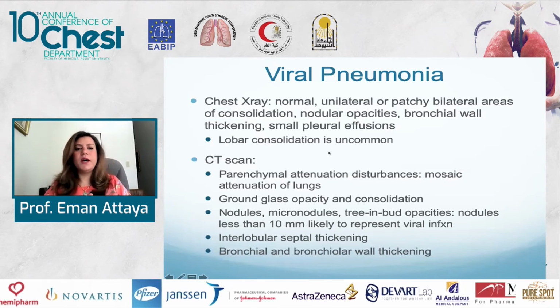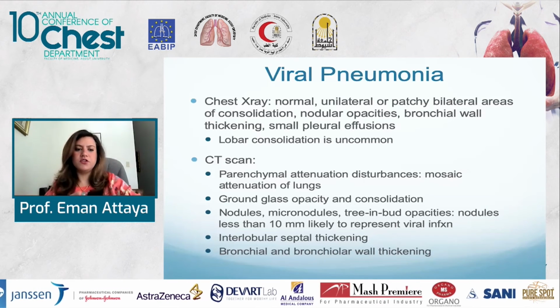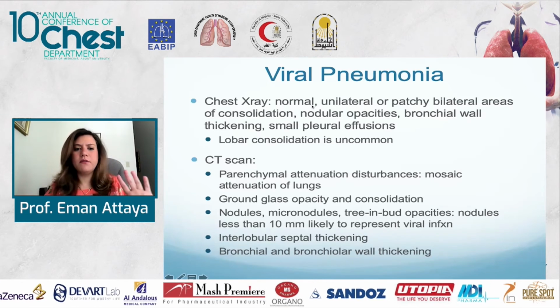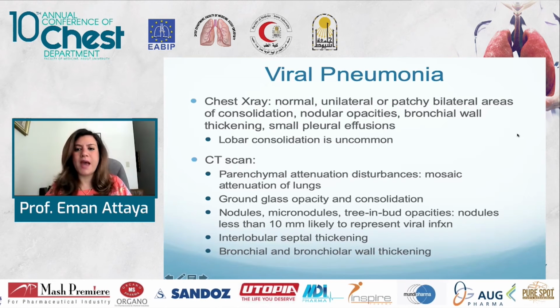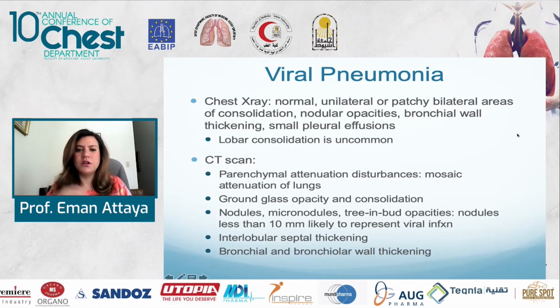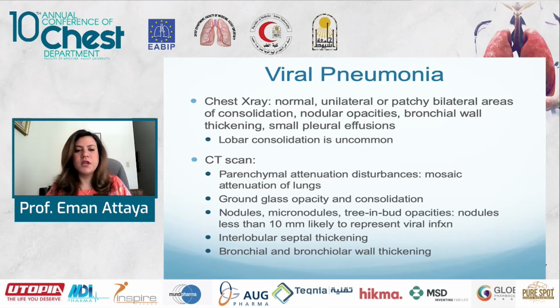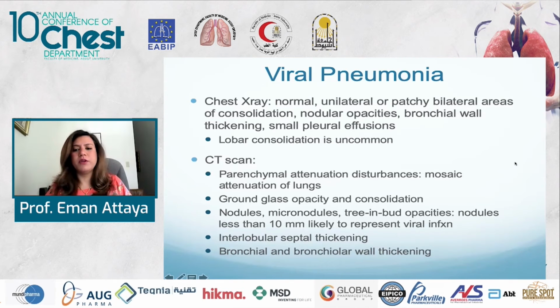Viral pneumonia looks different than bacterial pneumonia in certain ways, and we'll talk about that here. On chest X-ray, the viral pneumonia can be normal, or you can see unilateral or patchy bilateral areas of consolidation, nodular opacities, bronchial wall thickening, and pleural effusions. Remember, lobar consolidation is uncommon with a viral pneumonia.